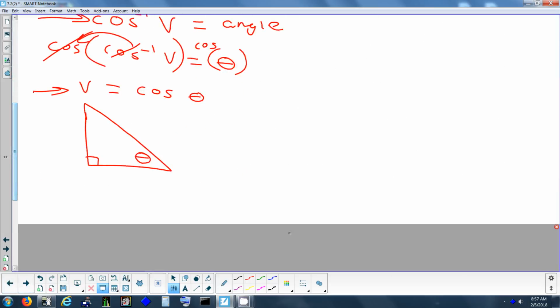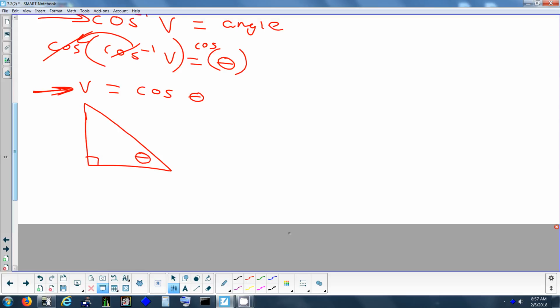And this fact that I'm pointing to tells me two of the sides. First of all, it says v equals, and what's my trig function? Cosine theta. So when I'm dealing with cosine, what two sides does cosine involve? Adjacent and hypotenuse.